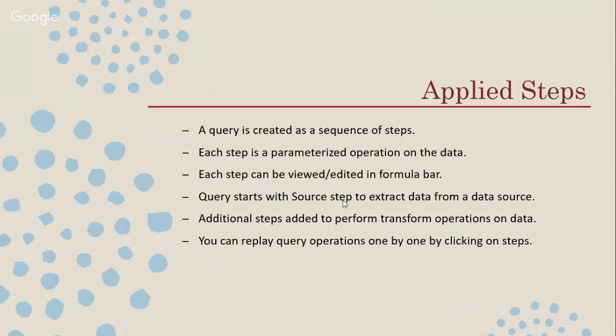I'll show that option in the Power BI query editor. A query starts with a source step, an external source step to extract data from the data source. Additional steps are added to perform transform operations on the data. You can replay query operations one by one by clicking on each step. I'll show this option also in real time.